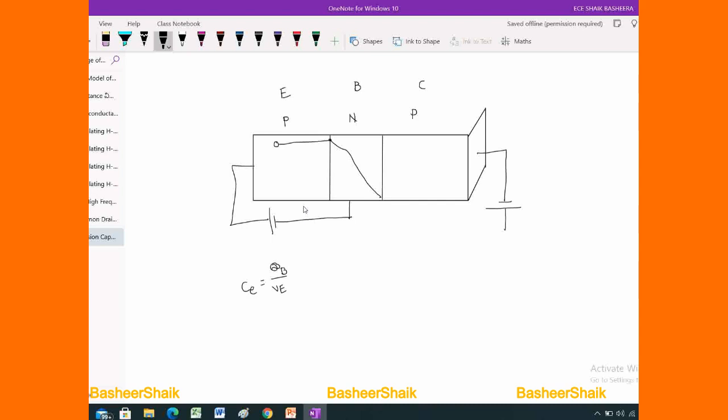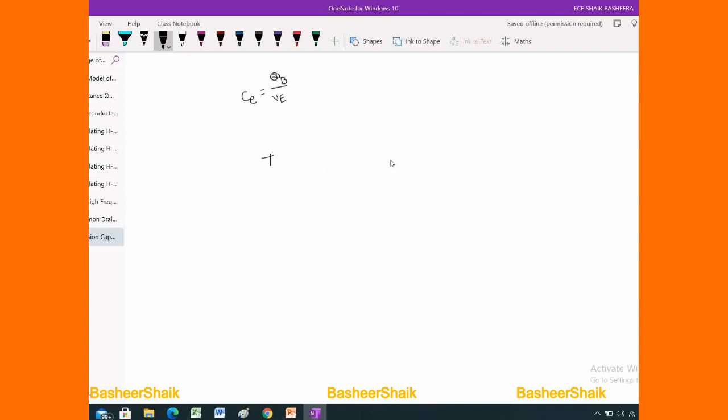The number of charge particles entering is P dash of 0, and W is the width of the base.